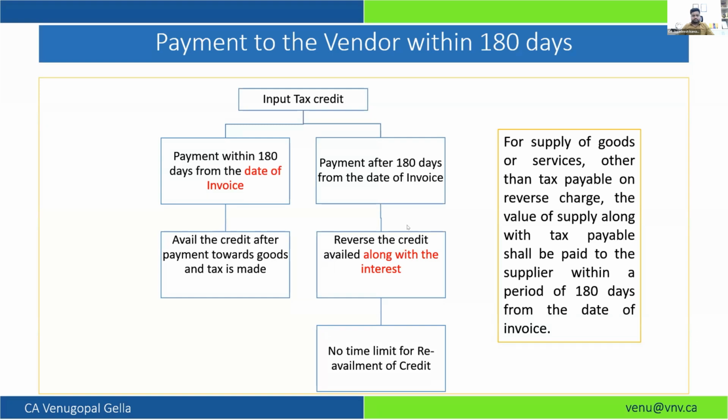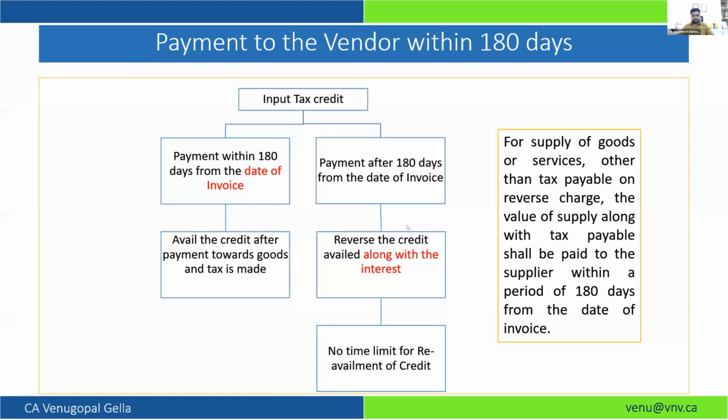The question arose whether full ITC would be disallowed or only a part of it. Now they have clarified that to the extent of the amount unpaid, proportionately, you are required to reverse the ITC. So it's not that if you have made a part payment, full ITC will not be allowed. That is not the case.